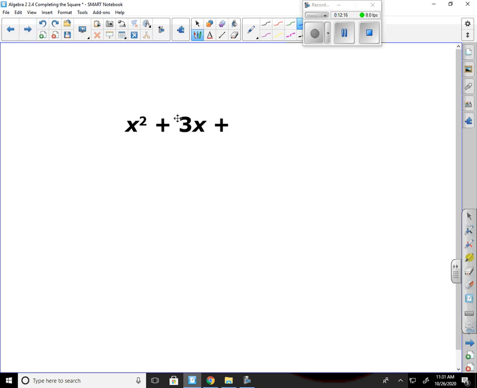Here it gets even prettier. Take our middle term. Three over 2 squared. So whenever you have this, you square the top and then you square the bottom.